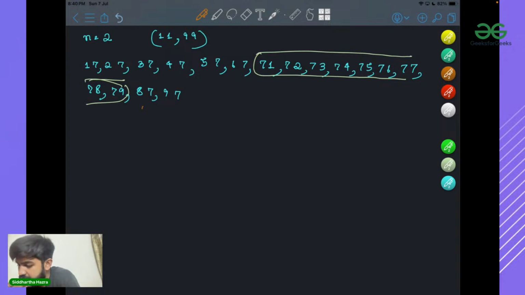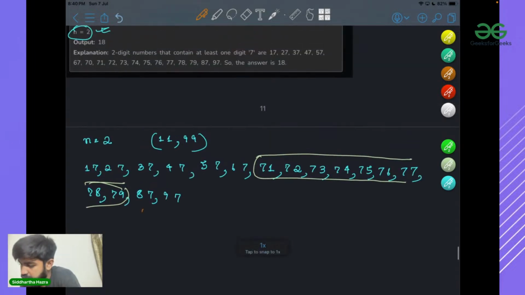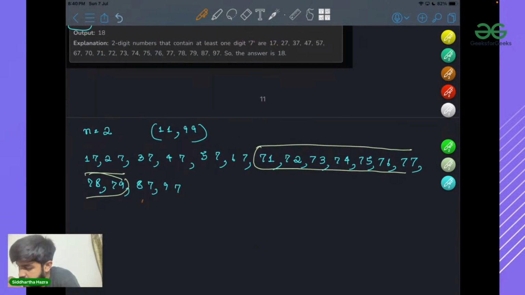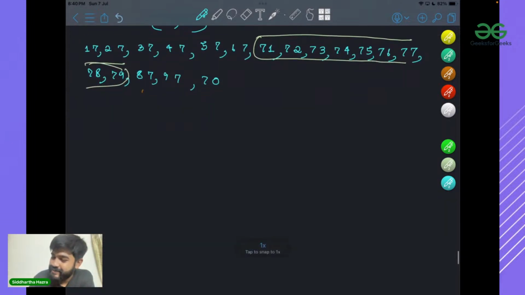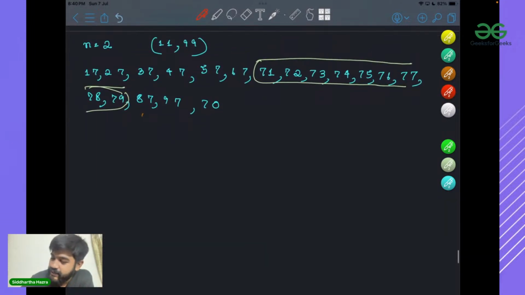Did I miss anything? I think I have missed 27, 37, 47, 57, 67. Okay, I missed 70. Fair enough, my mistake. So the answer, the count of the elements, is 18 itself.